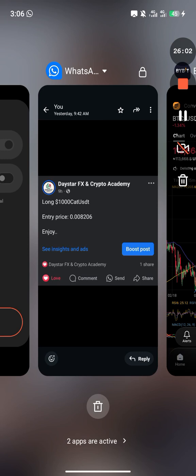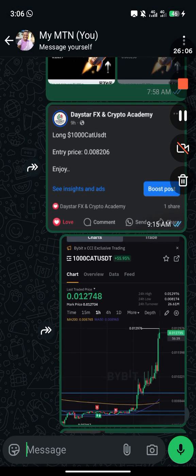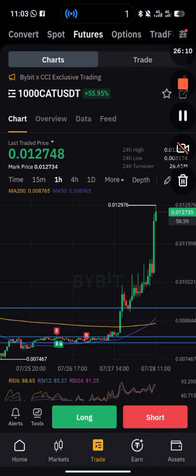When I gave this signal on our Facebook, see what we made: 55%. Imagine we used 10x, we'd have made 550% of our portfolio. That's powerful.